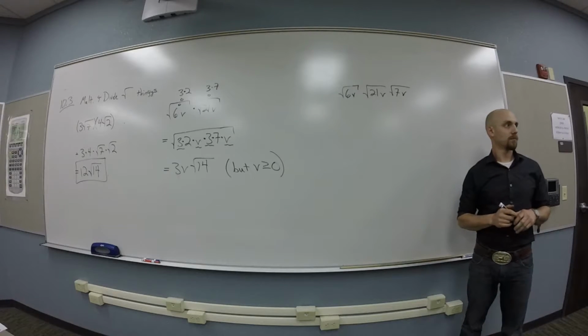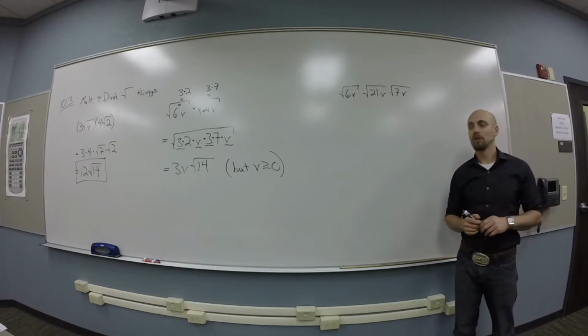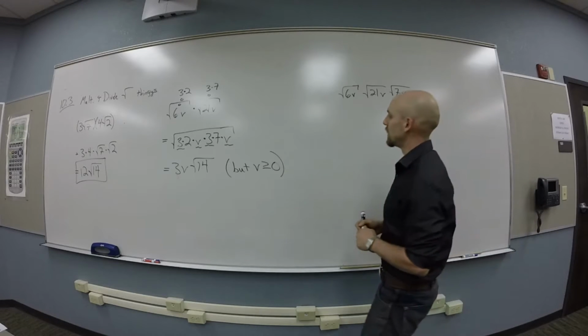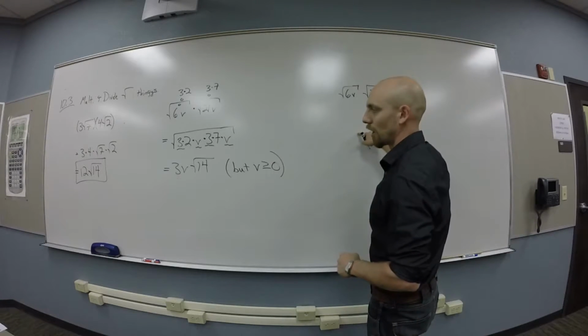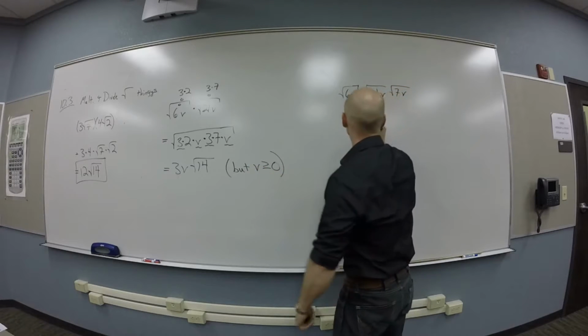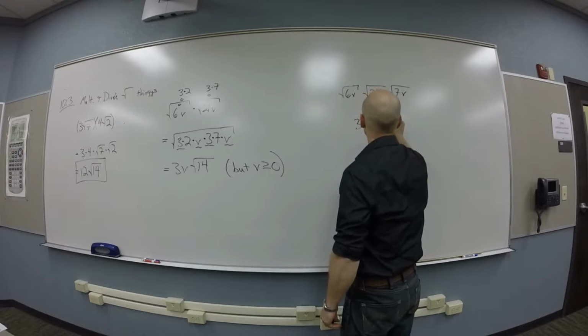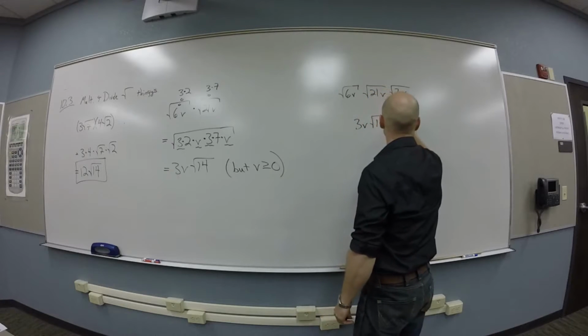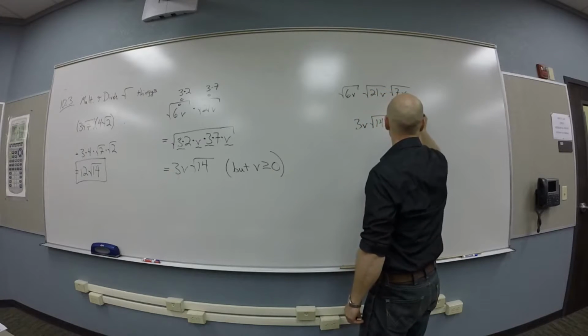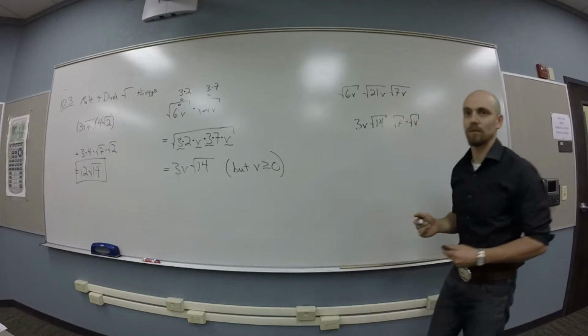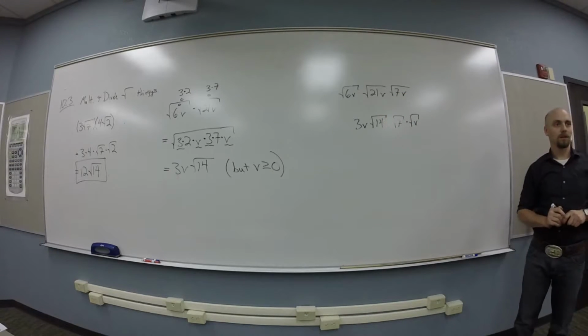Is everyone cool with this? Okay, so let's see. These two are going to turn into what I just decided, right? So I'm going to get a 3v square root of 14, and then I've got a square root of 7 and a square root of v. You guys see that?